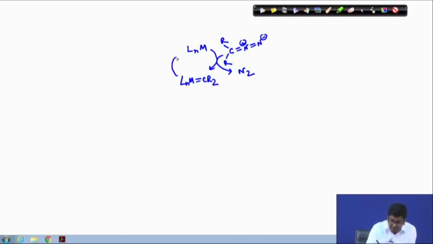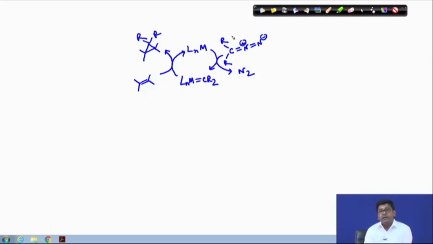Now, this can again go back to here, but obviously the olefin becomes the cyclopropane. So, we have started with this corresponding diazo compound. In presence of a transition metal, it will liberate the nitrogen, form the metallocarbene, and the olefin will be converted to its cyclopropane ring.